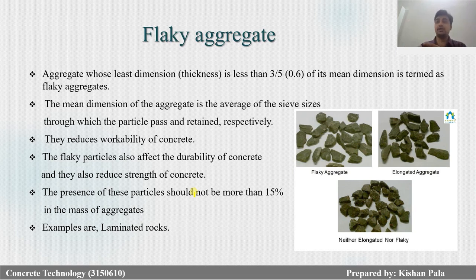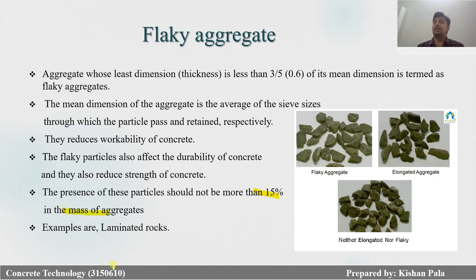For example, if you are using more than 15 percent of this flaky aggregate in your concrete mass, you will get an effect on workability of the fresh concrete, the hardened property, strength, and durability of the concrete. Clear? So you should not use this type of aggregate more than 15 percent.